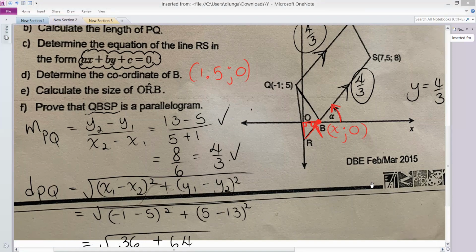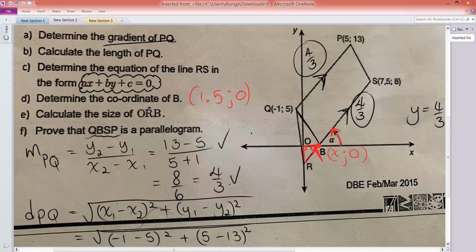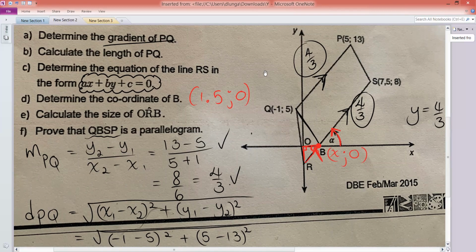You prove that the other lines are parallel. Equal. Okay, equal, yes, but what's the simplest thing that we can do to prove it's a parallelogram? You can find out the gradients of QB and PS. Perfect. So choose the easiest path.